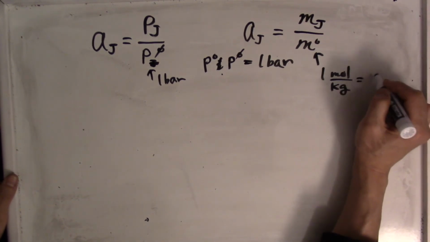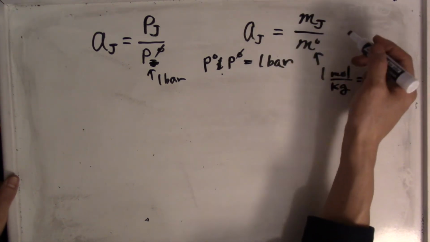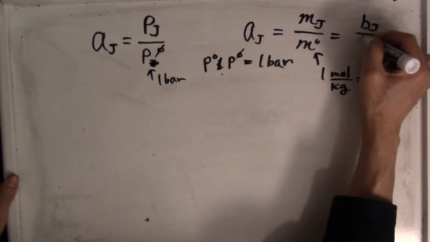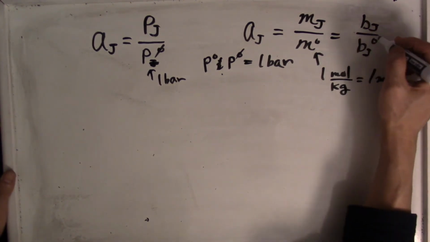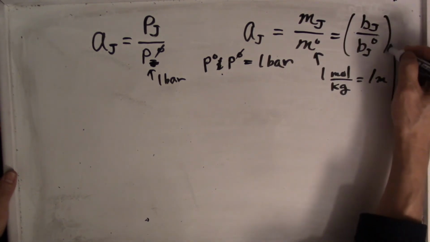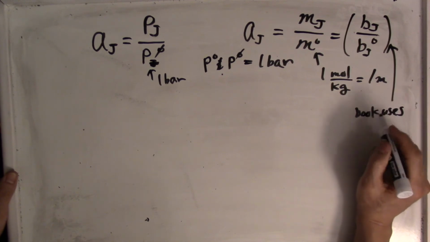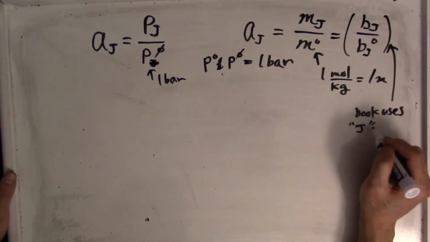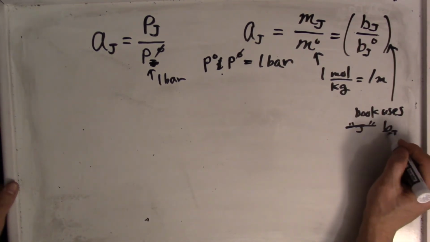So basically it's 1 molal, so the units would cancel out. The book actually says bJ over b standard. Remember, your book may use B instead of J, so keep that in mind.